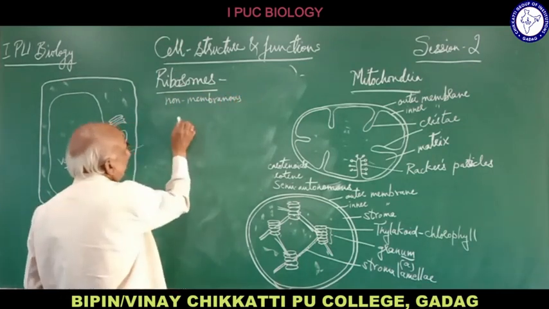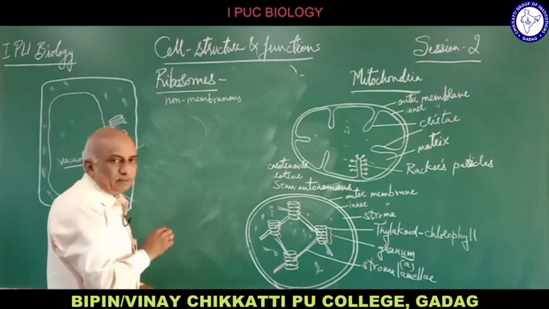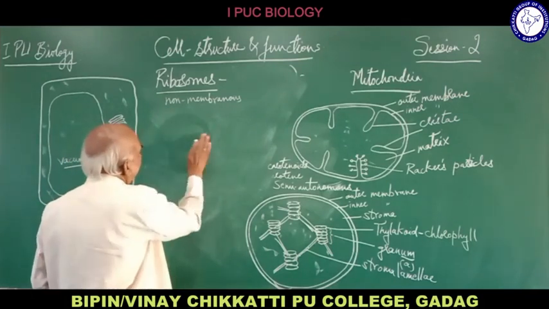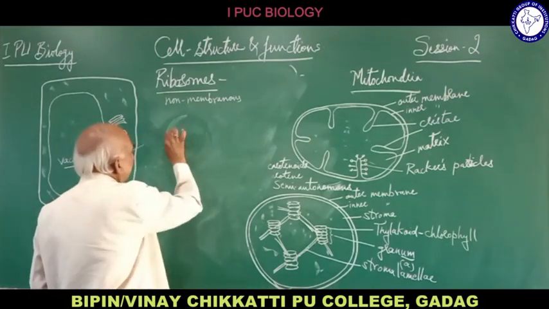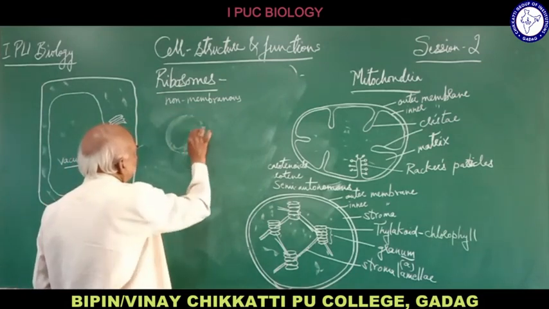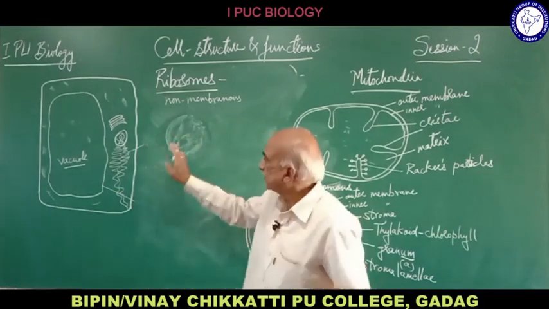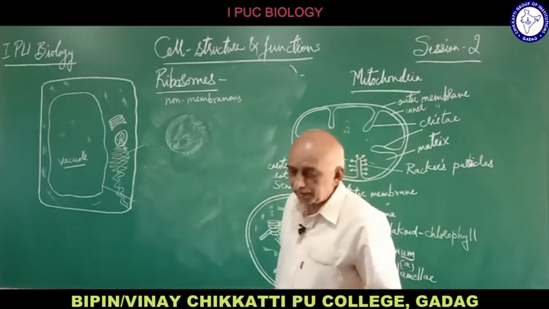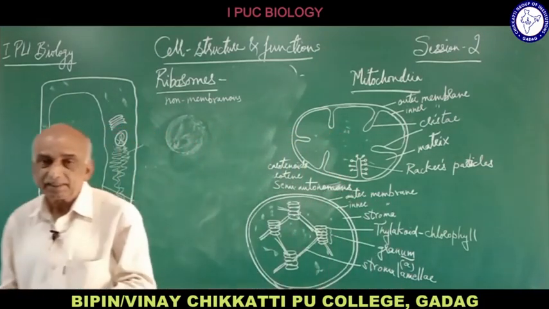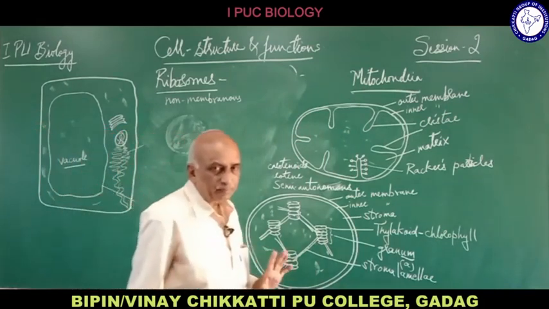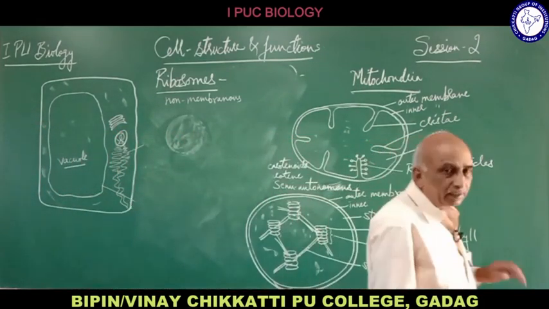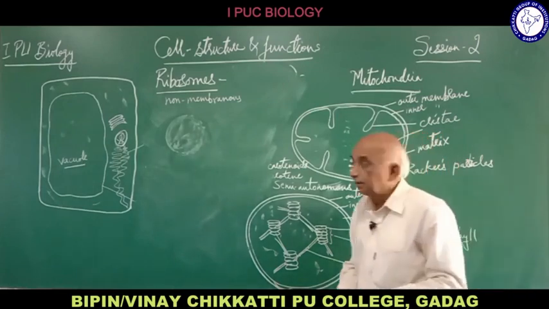When we draw a ribosome, it is not surrounded by any membrane, though it is made up of some material. Suppose this is a ribosome. It appears as a small granule in a normal microscope.